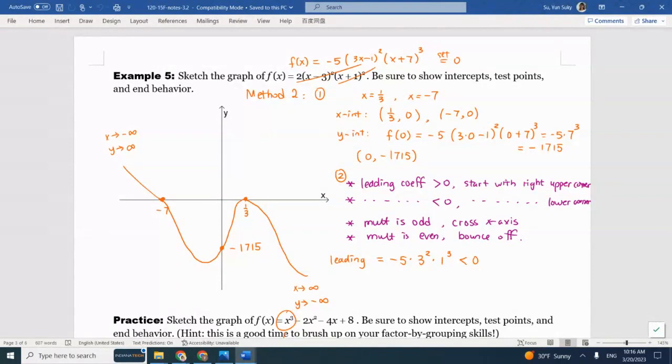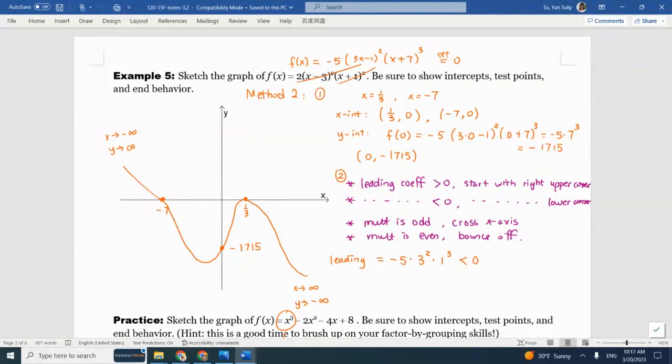Okay, so we start with the right upper corner, and then we connect this point 1/3, 0. And then you look at the multiplicity. So 1/3 corresponds to which factor? The 3x minus 1, right? And the multiplicity is 2, so it's even. Even then we bounce off, right? So it bounces off.